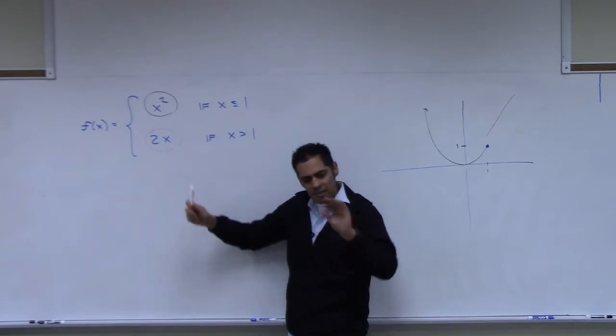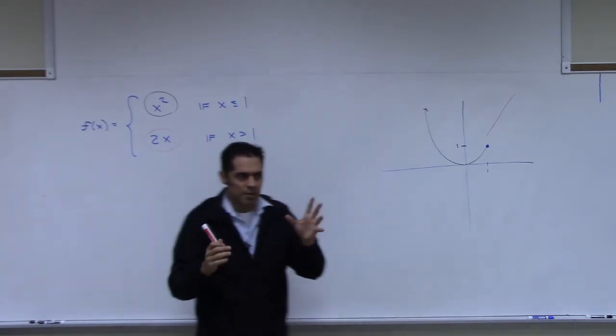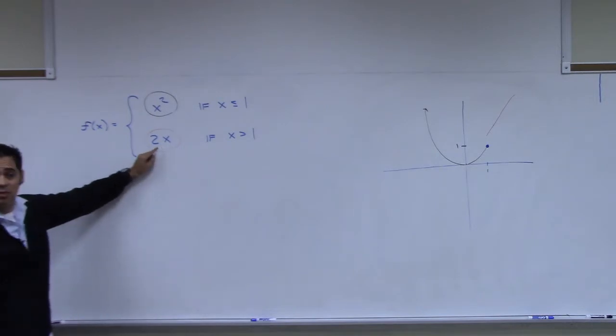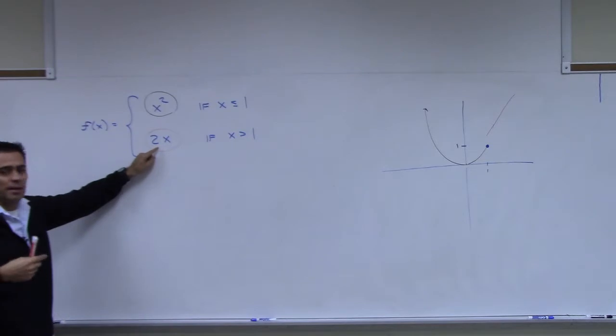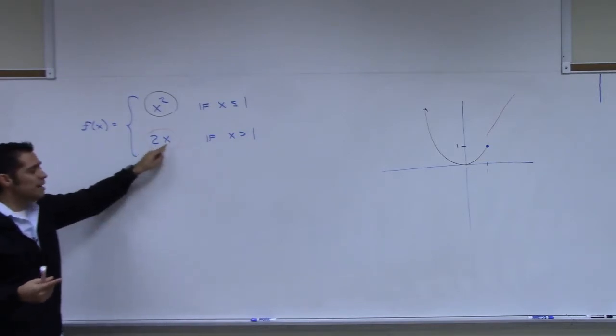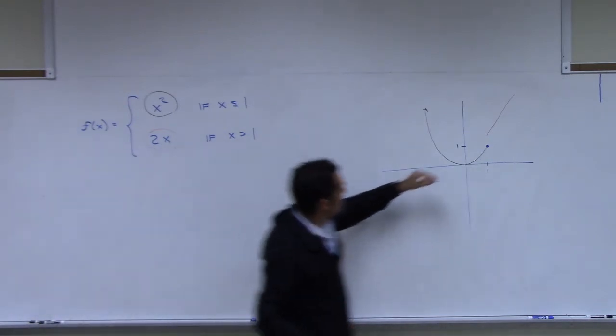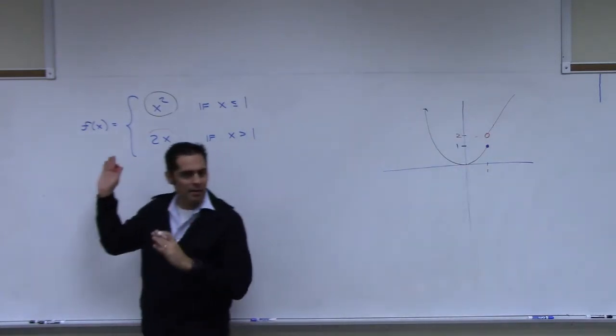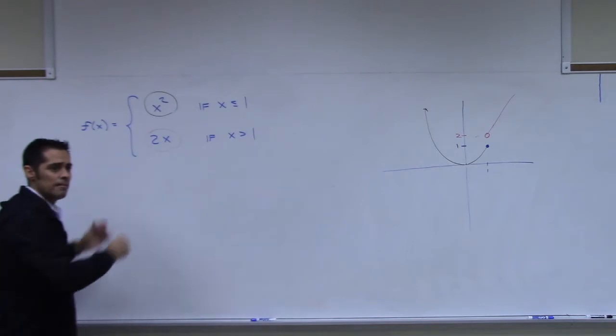No. But just to figure out what's happening here, what would happen if we take a number that's really close to 1 and plug it in here? What would our answer be really close to? 2, right? We'd plug in 1 here and get something like 2. So that's why this is higher. I'm not allowed to plug it in, so I should have a little circle there, up here at 2. Does that picture make sense, like how I constructed that out of this?